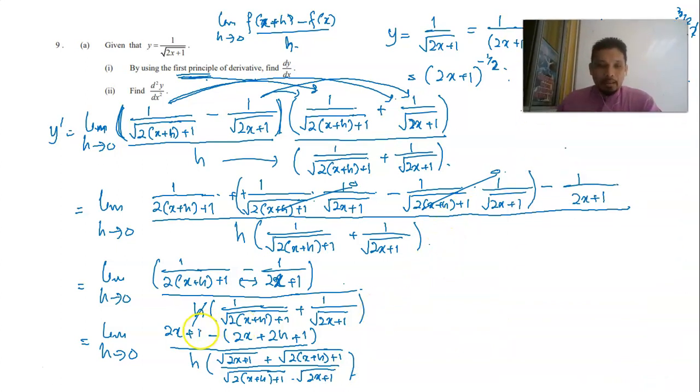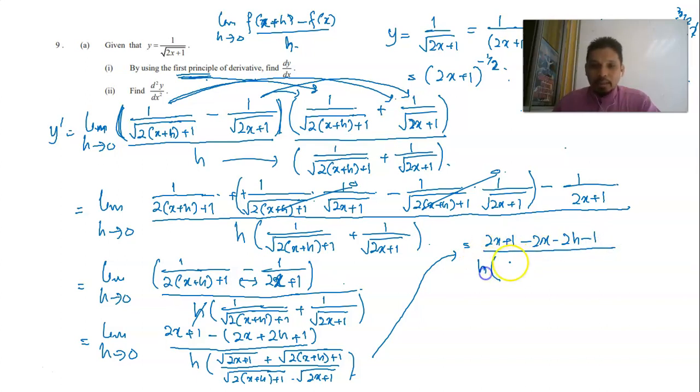Now, if I open up this bracket here, it's going to give us 2x plus 1 minus 2x minus 2h minus 1, divided by h, times square root of 2x plus 1, all the denominator here, plus square root of 2x plus h plus 1, and everything divided by square root of 2x plus 1 multiplied with square root of 2x plus h plus 1.